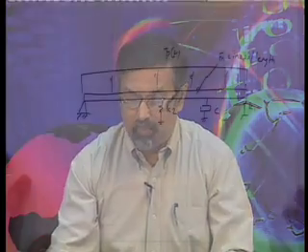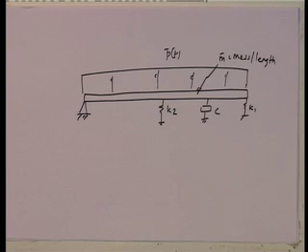So, I am going to solve the same problem that I solved in the last lecture, except that in this one we are going to look at it from the perspective of using the principle of virtual displacement.